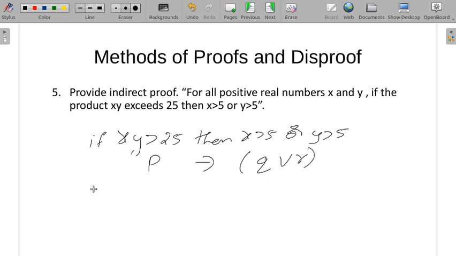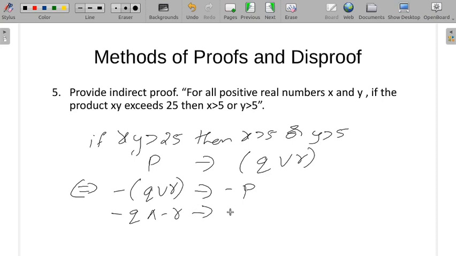If we take the contrapositive, Q or R conditional negation P, and write it in sentence form, we'll apply De Morgan's law: negation Q and negation R conditional negation P. How will we write this one?